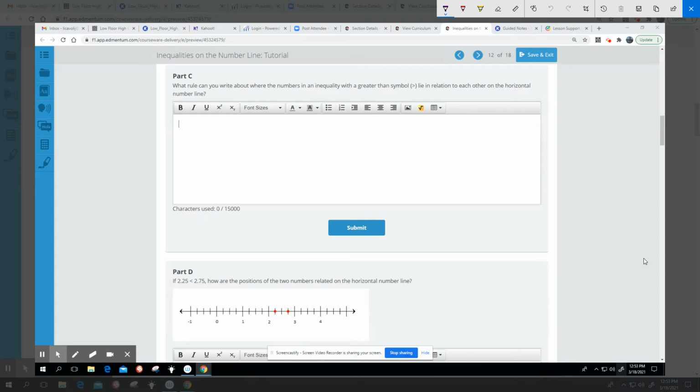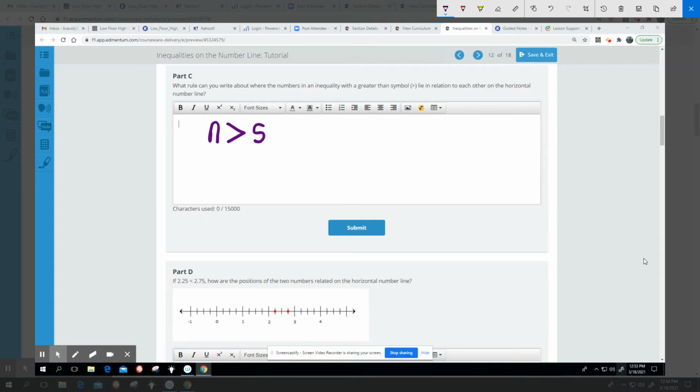Anytime an inequality is using this symbol, that's the greater than symbol, that means that whatever number here, I'm just going to call this N, and we'll call this S, this number is always going to be greater. The number to the left is always going to be greater than the number to the right.